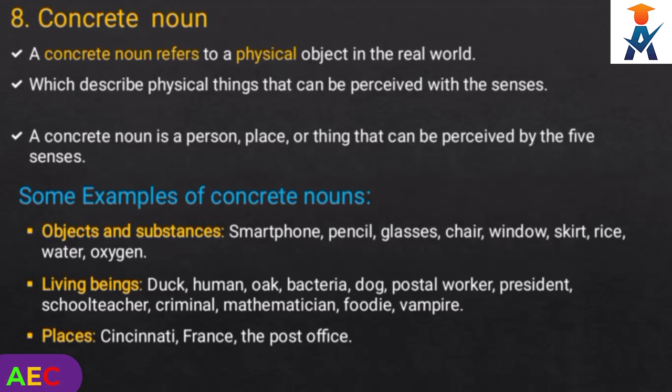Living beings: duck, human, oak, bacteria, dog, postal worker, president, scholar, schoolteacher, criminal, mathematician, food, and vampire are concrete nouns. France, the post office. So these are concrete nouns that we can touch or that have a physical existence.